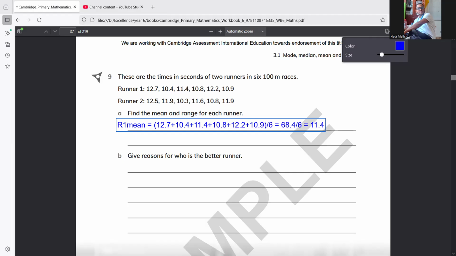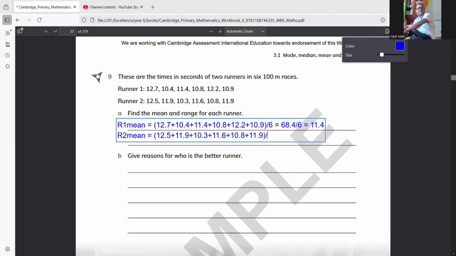With the same idea, go find runner 2's mean. Go and add all the data for runner 2, which is 12.5 plus 11.9 plus 10.3 plus 11.6 plus 10.8 plus 11.9.